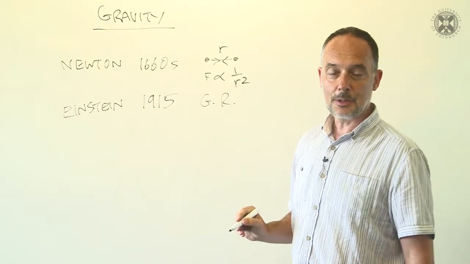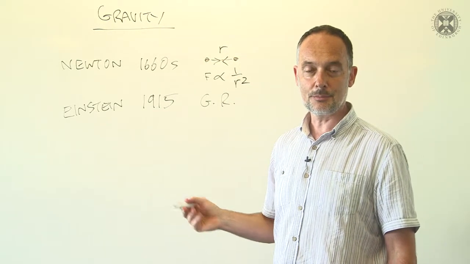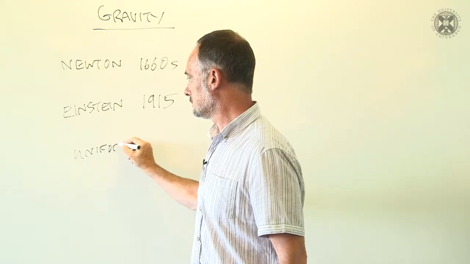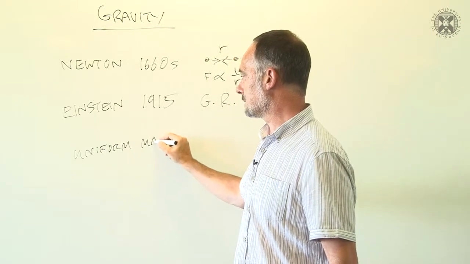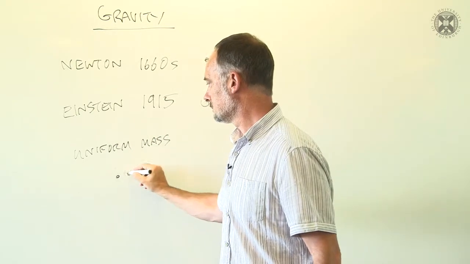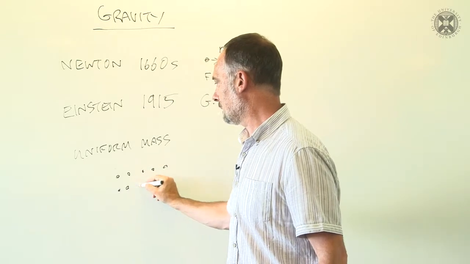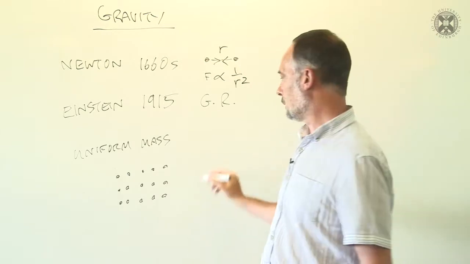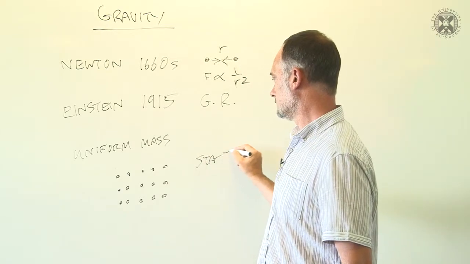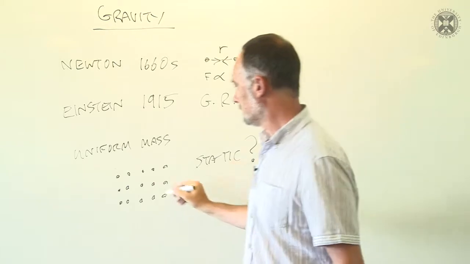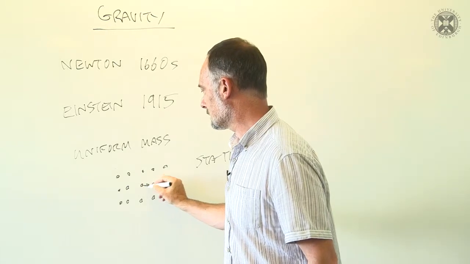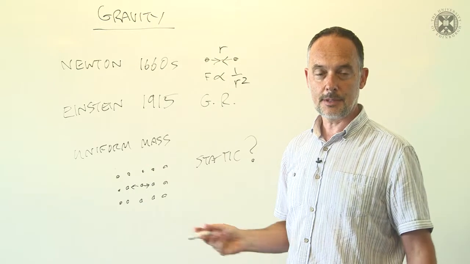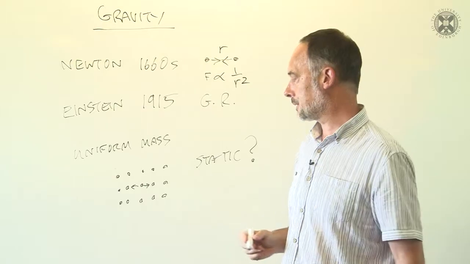Einstein addressed a question which Newton was unable to answer, which is what happens in the case of a uniform mass distribution. Newton thought that if you had a lot of particles of mass, that the whole thing would be static, because the gravitational attraction in this direction would balance, and so there'd be no net motion for any particle.